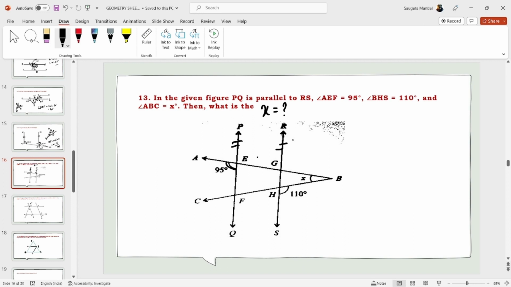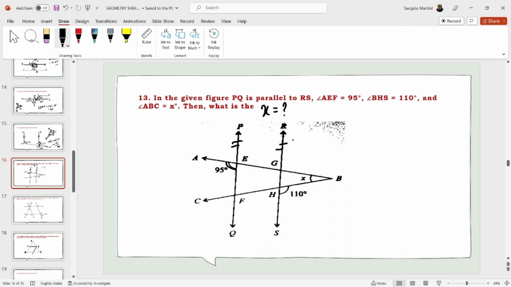Here PQ and RS are parallel to each other, and BC is a transversal line. On the other hand, you can say that PQ and RS are parallel lines and AB is a transversal line.